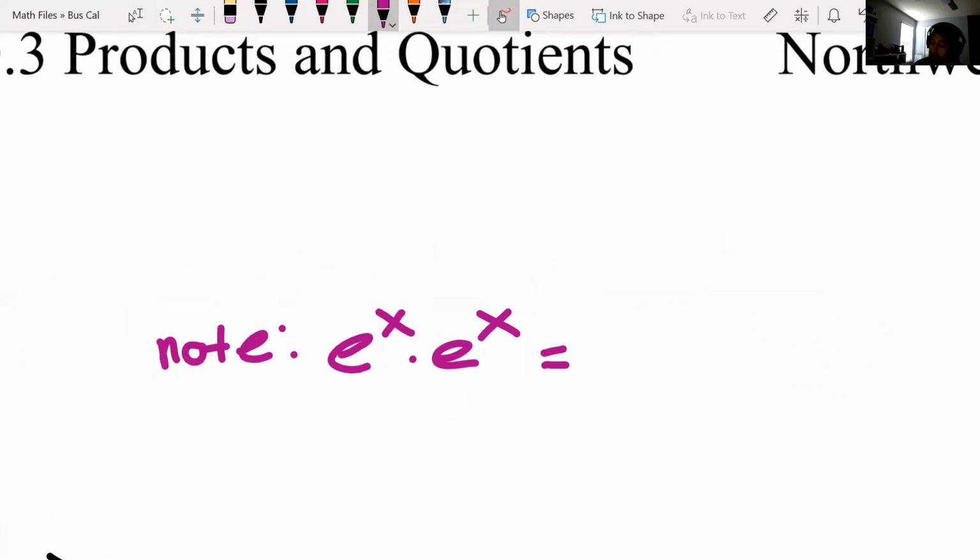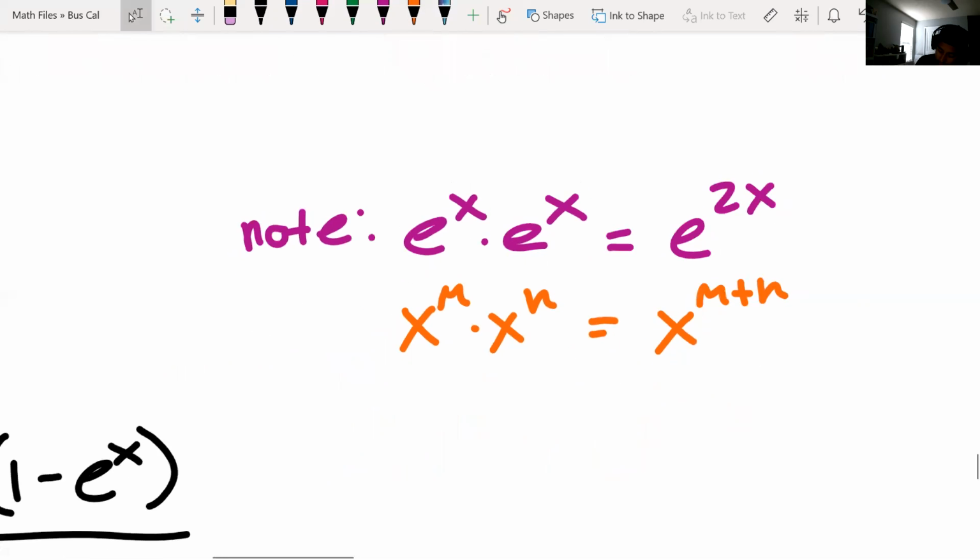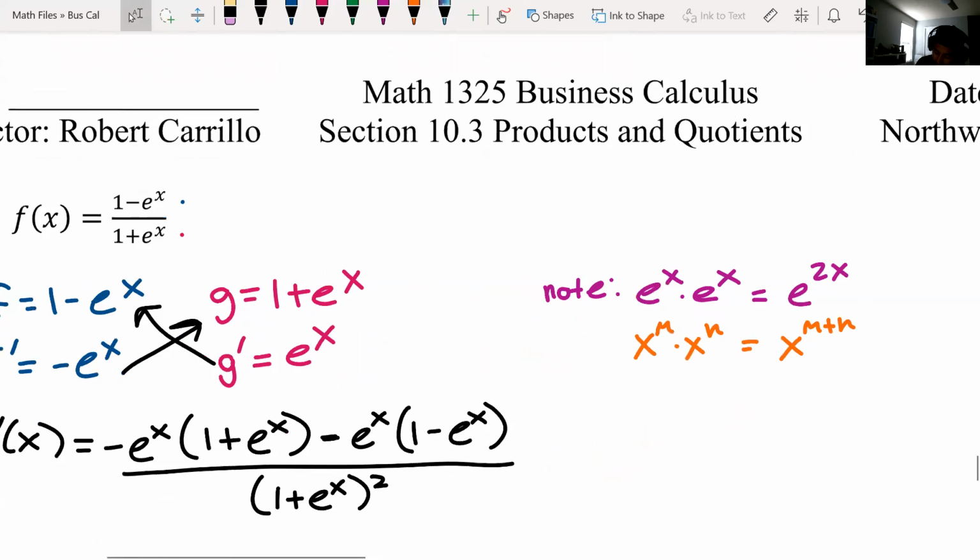So e to the x times e to the x will become e to the 2x. This shares the same properties as if I said x to the m times x to the n. Since they are the same base, this would become x to the m plus n. So you add the exponents when you have the same base. Okay, so now back to this.